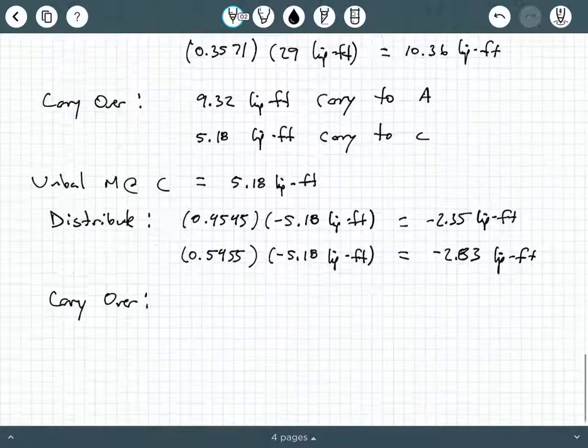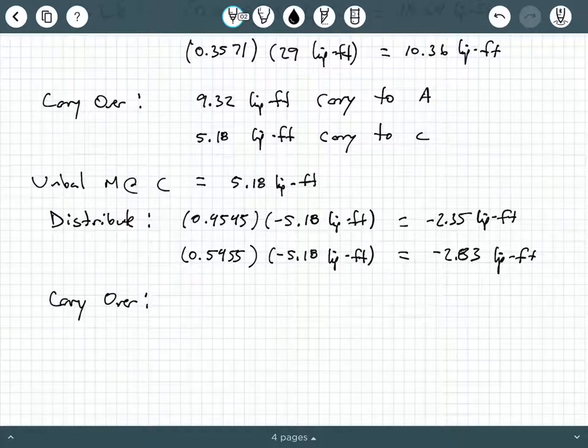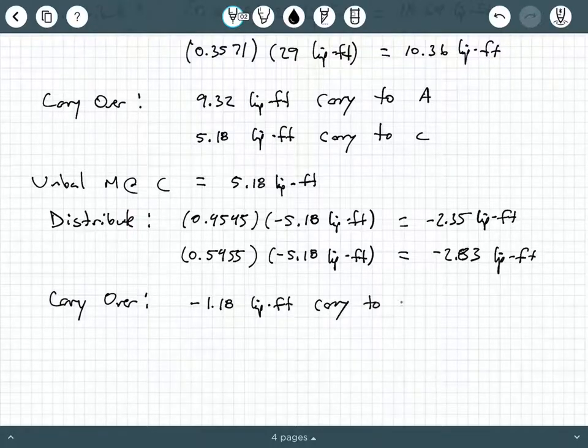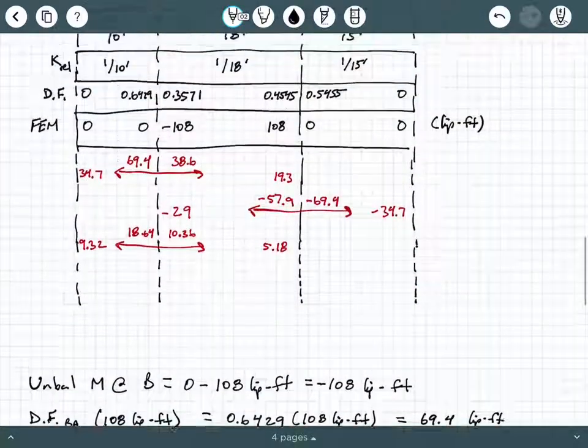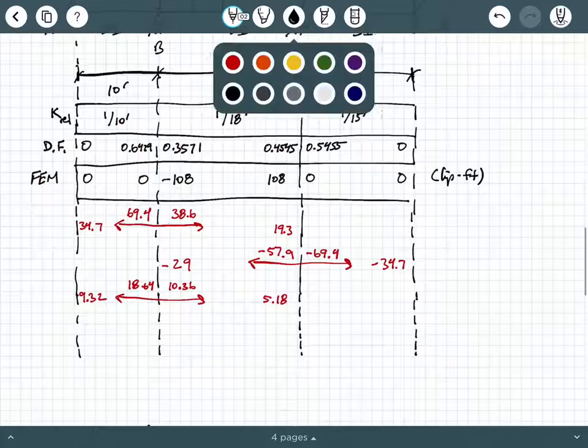And then for our carryover, we're going to take 50% of each of these values and carry them to the adjacent supports. So we're going to have negative 1.18 kip feet carry to B, and then negative 1.42 kip feet carry to D.